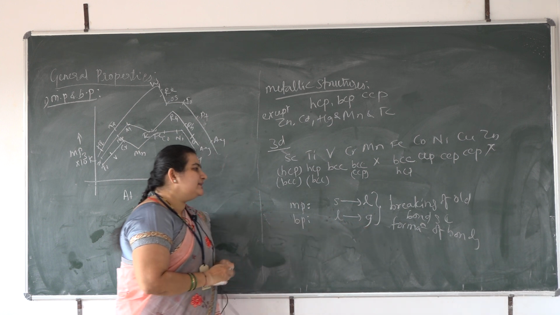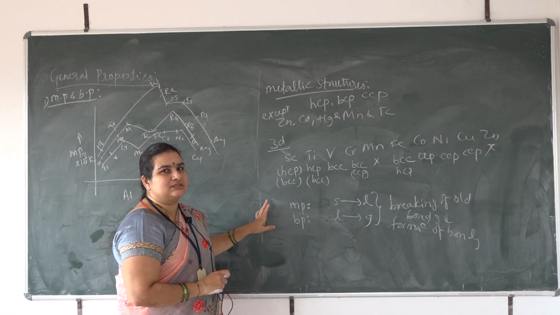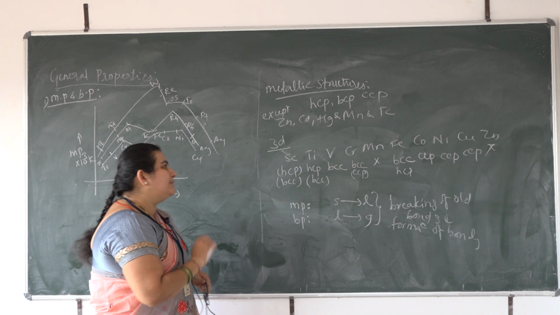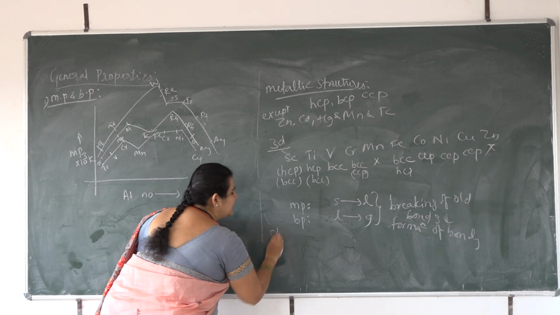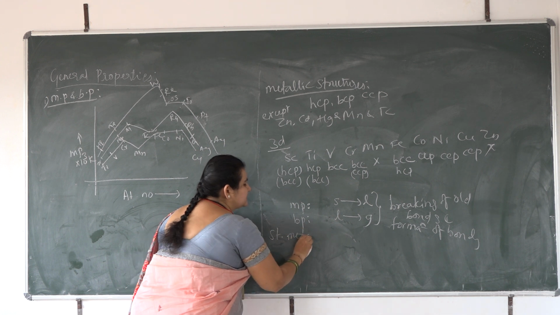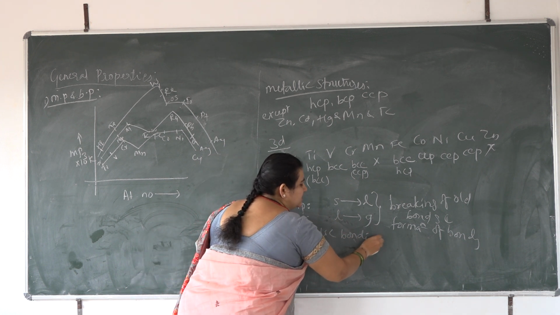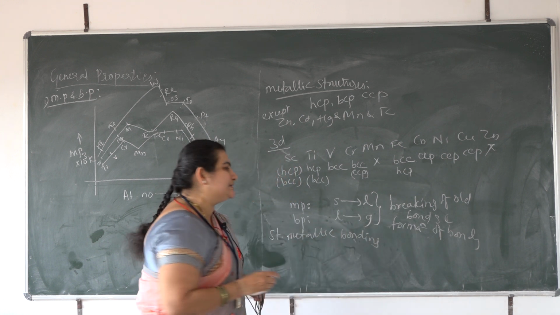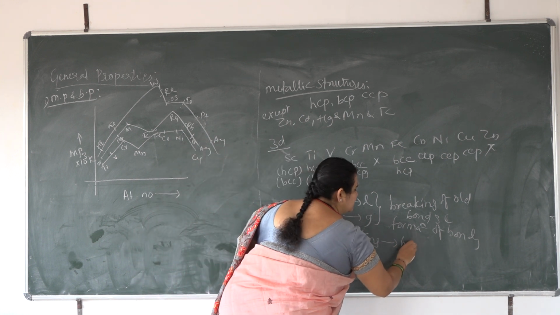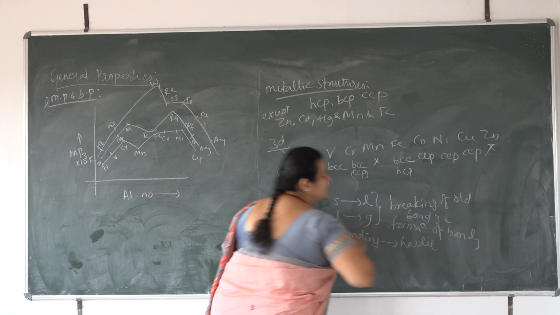Now in this melting and boiling process, if the metal has a stronger metallic bond, what happens? Stronger metallic bond means the metal is harder in nature.